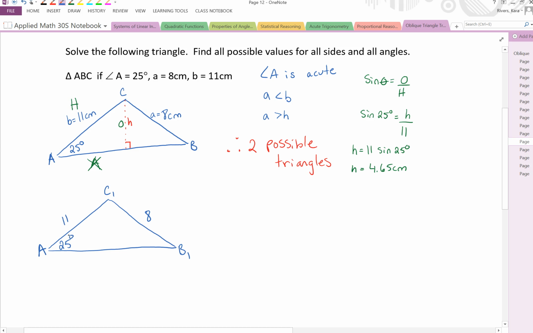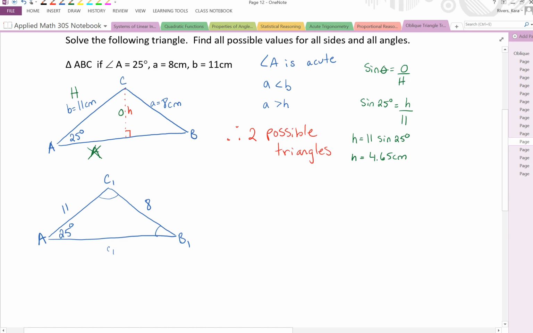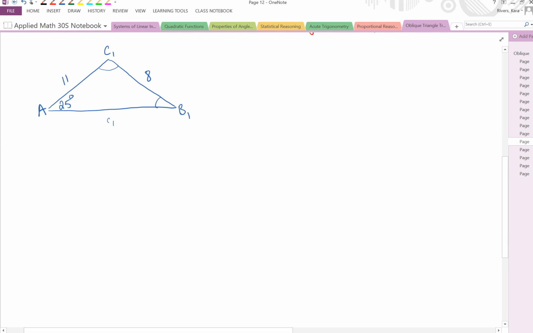And we're going to solve for side C1, and we're going to solve for angle B1 and angle C1. The other triangle is the case where that arm would swing over, and this A is still here, and this C is a little bit shorter, and that arm that's still 8 centimeters long would swing over.